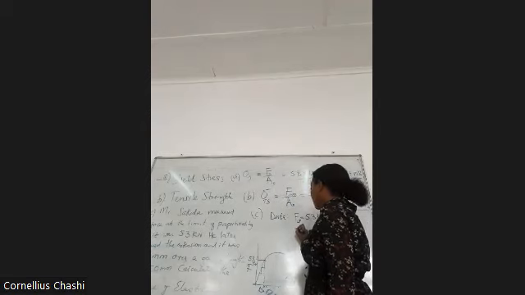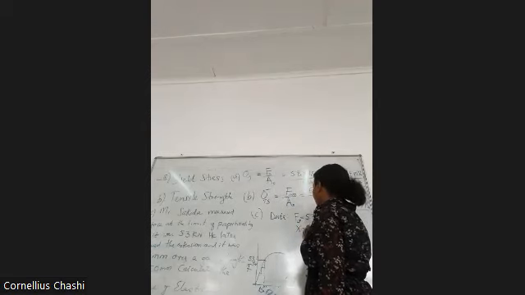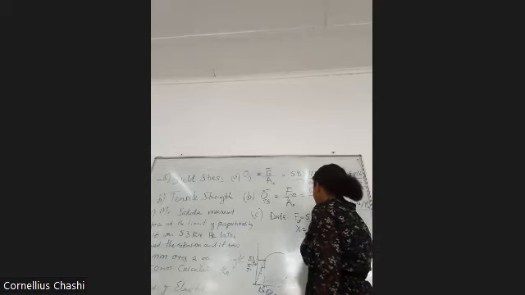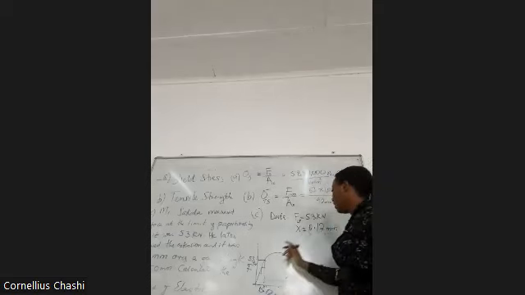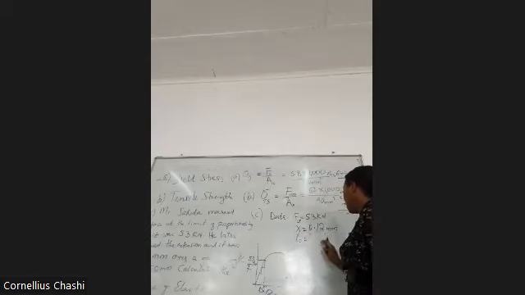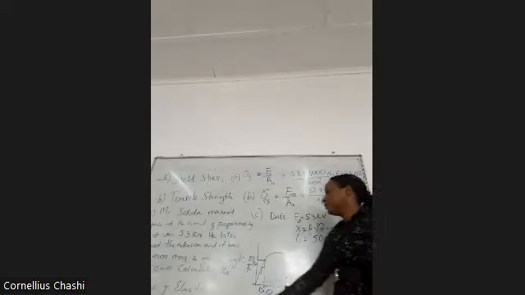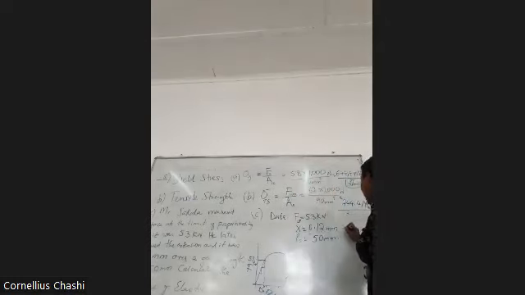The corresponding extension is 0.12 millimeters. The original length is 50. And you know the formula for stress. So what is missing here that we don't have? The original cross-sectional area.